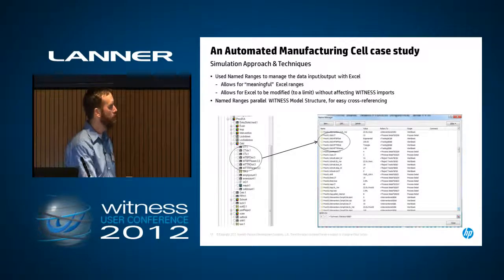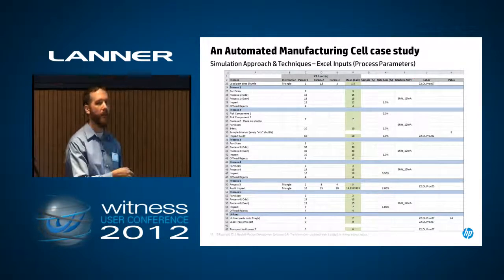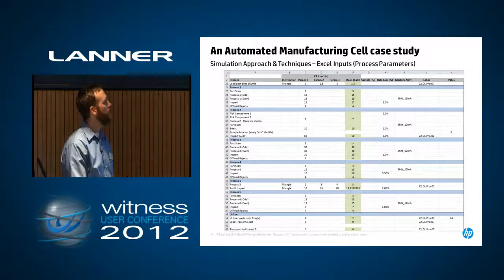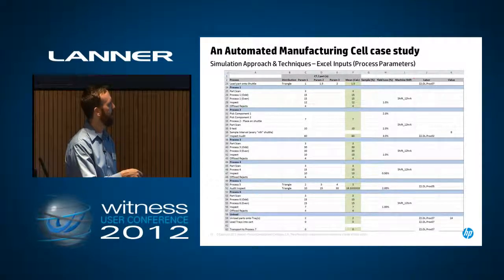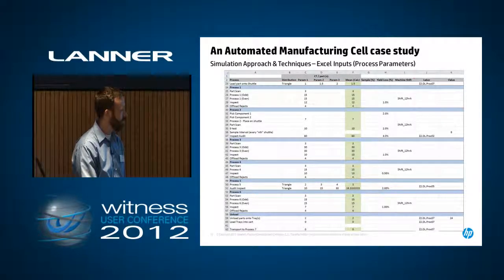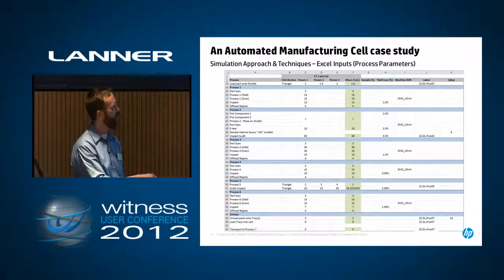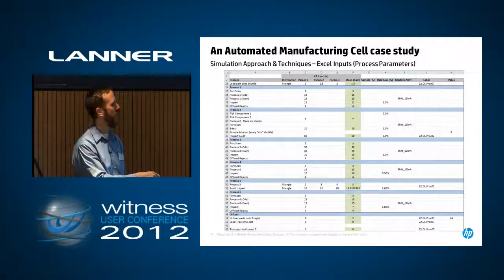So a couple of snapshots from the Excel inputs. This is the main cycle time process parameters tab. Here's the processes, here's all the individual stations all the way down until it's unloaded from the shuttle. And here's where the users will update the cycle times per part. They can use a distribution here.